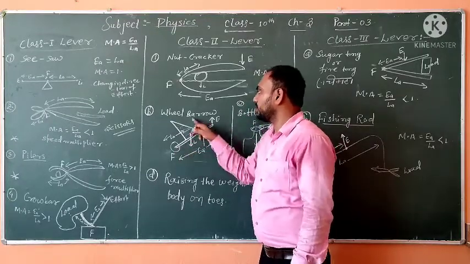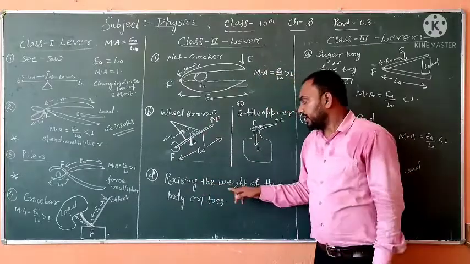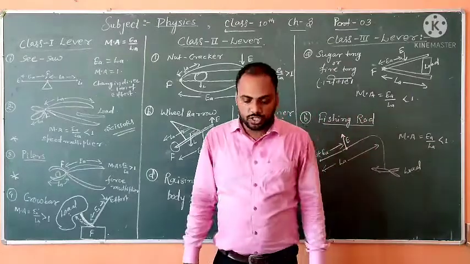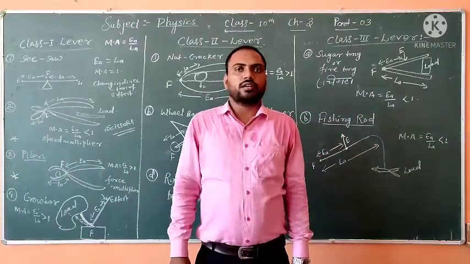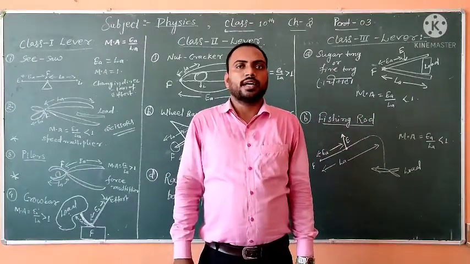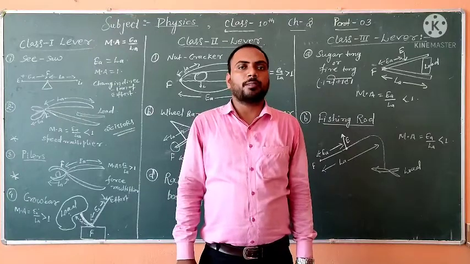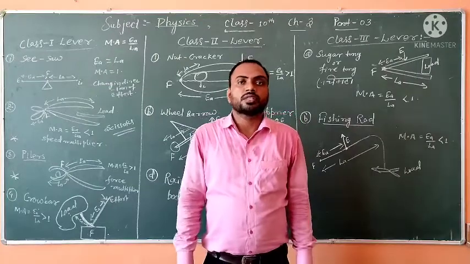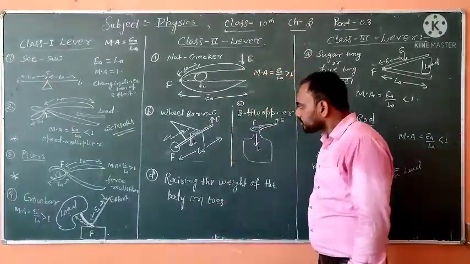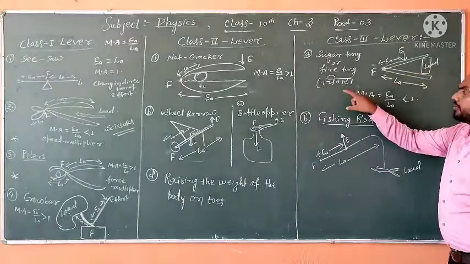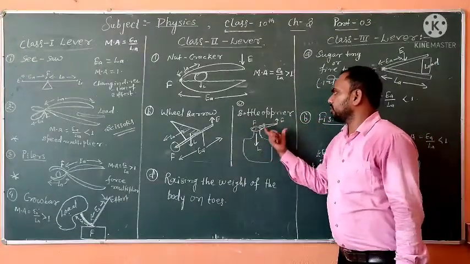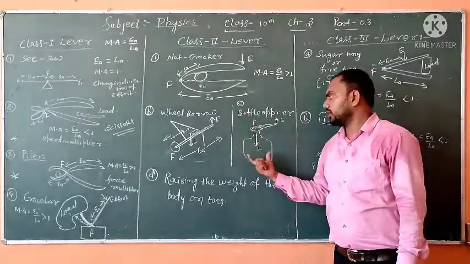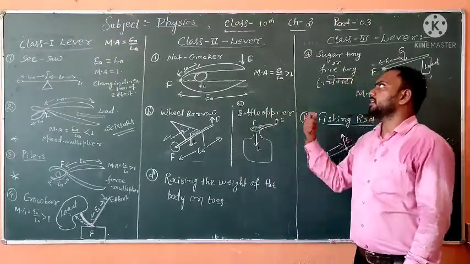Raising the weight of the body on the toes, dear, as you raise your weight on the toe, this is also an example of the second class of lever. Now a bottle opener. You may also use a bottle opener. Keep in mind that a bottle opener is also an example of a second class lever.